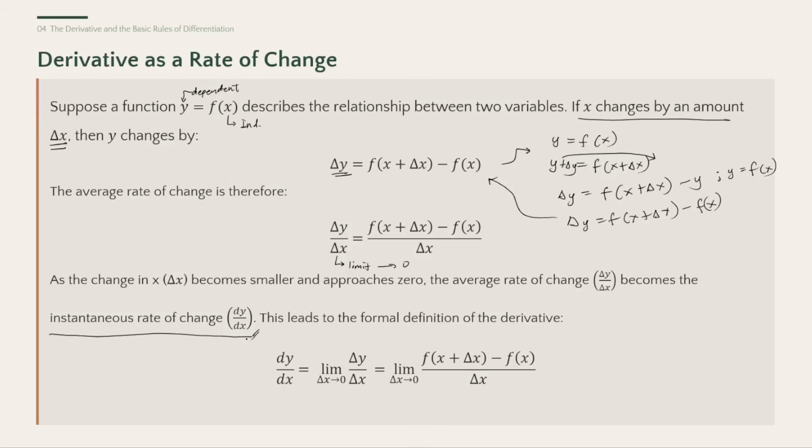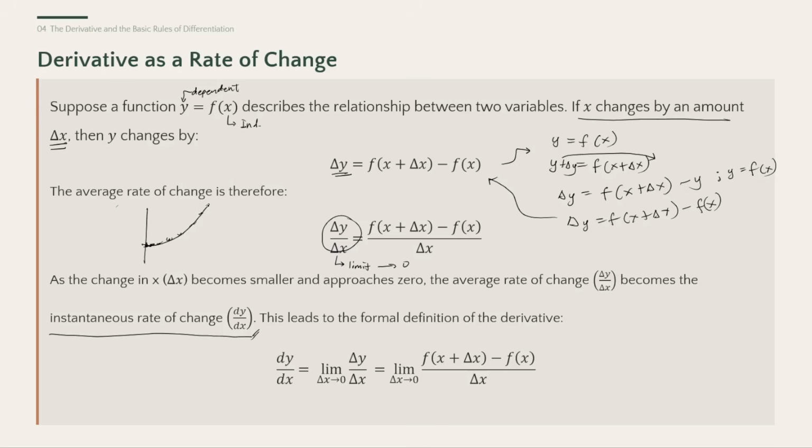The instantaneous rate of change is, for example, you have a parabola. The average is all of these changes. For example, x changes by 1, y changes by 1, x changes by 2, y changes by 4.